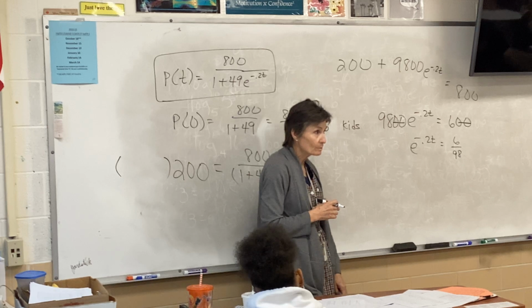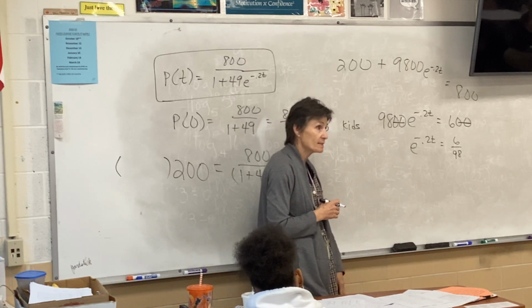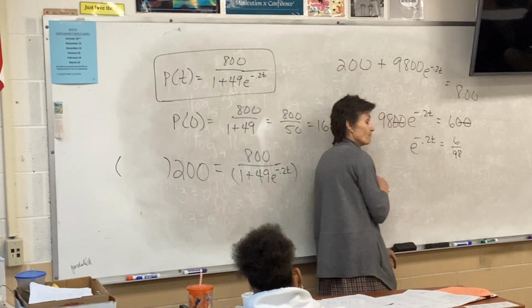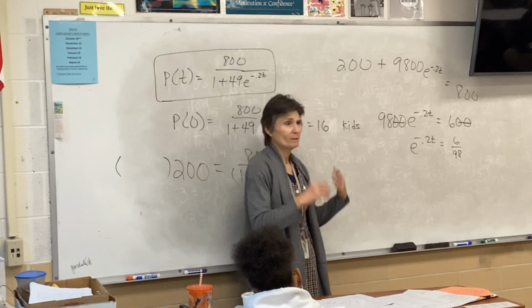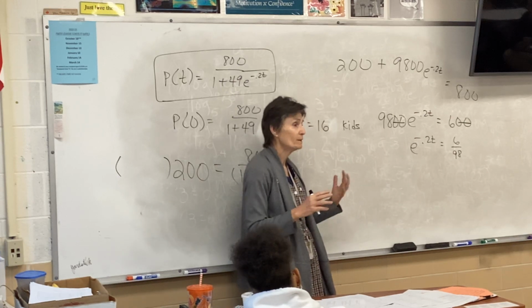What do we do? We've got to take the logarithm of both sides. Now, the logarithm you choose doesn't matter. There are billions of different logarithms, log base 8, log base 25, log base root 17, millions of them.